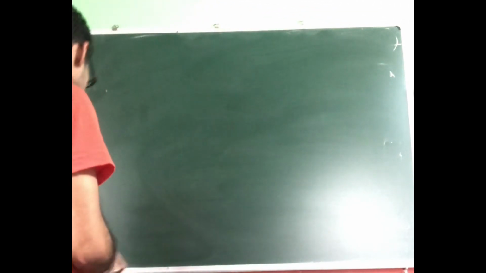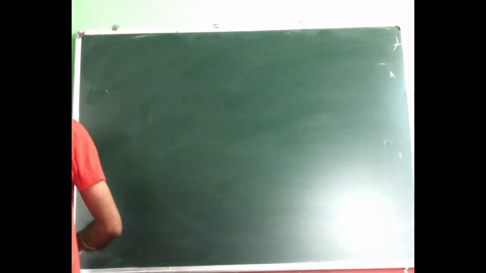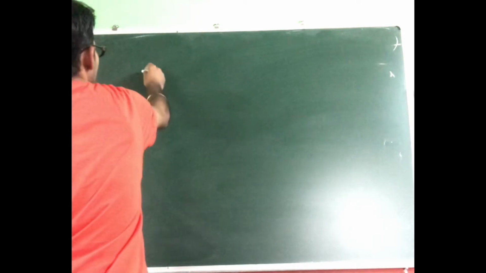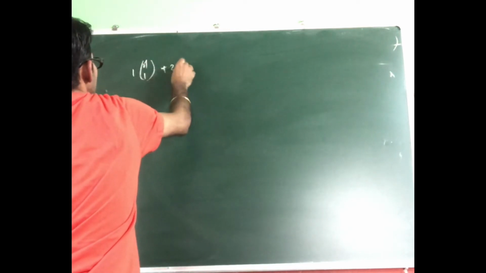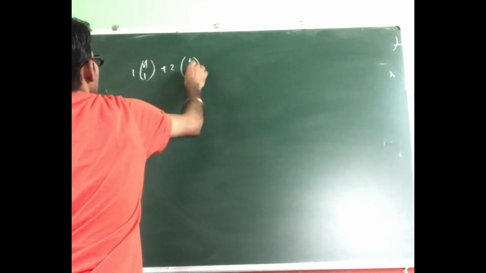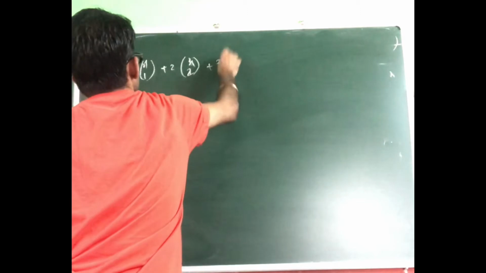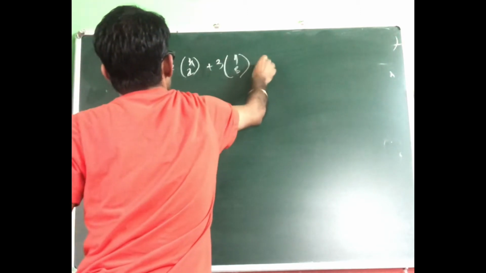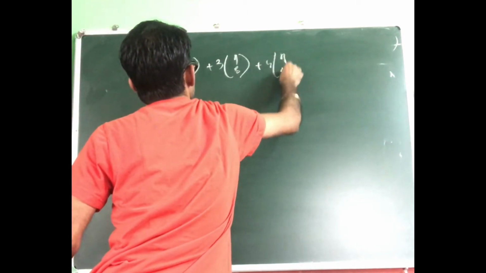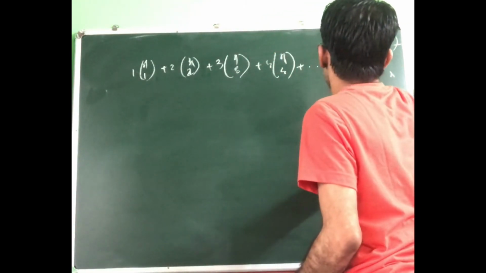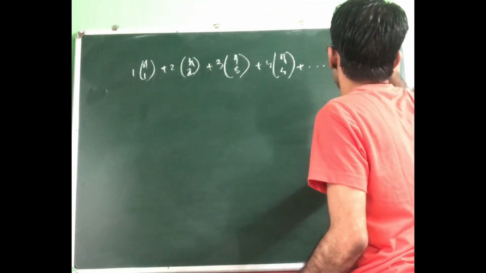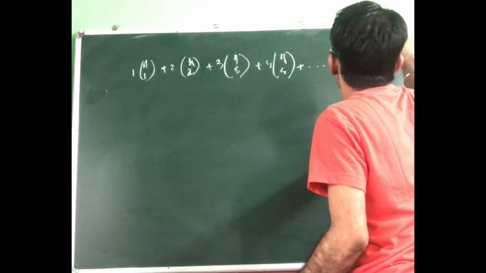Another identity we'll try to prove: 1 times n choose 1 plus 2 times n choose 2 plus 3 times n choose 3 plus 4 times n choose 4 all the way till n times n choose n is equal to n times 2 to the power n minus 1.